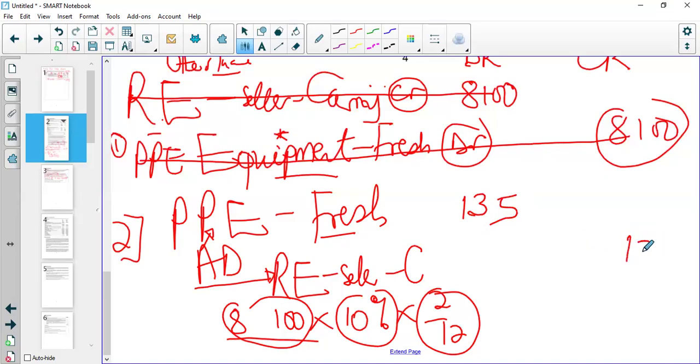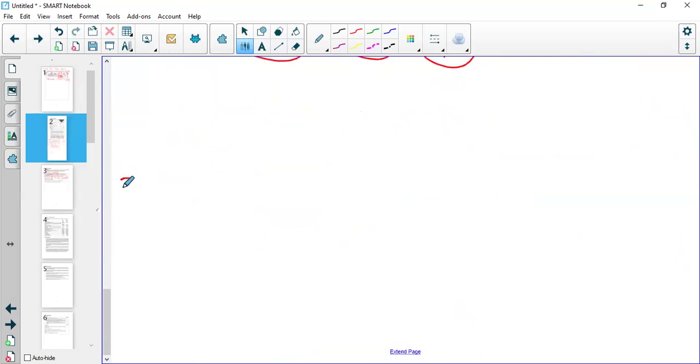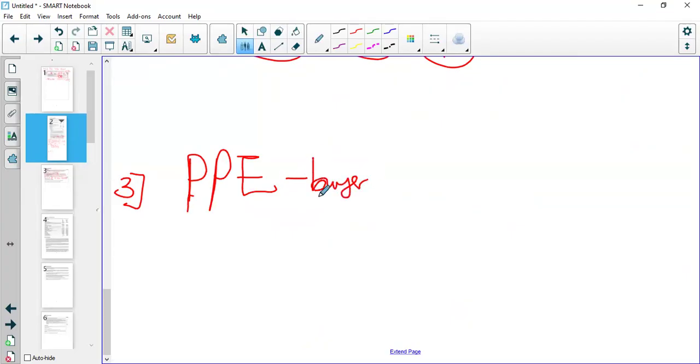Then during the current year, there's also a depreciation. So we're going to say the seller can recognize a gain in the asset. So PPE, not of the seller, sorry, the buyer is the asset. My apologies, there is the buyer, and this is Fresh.